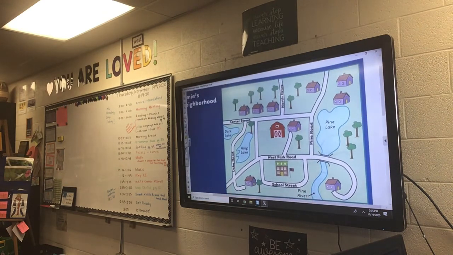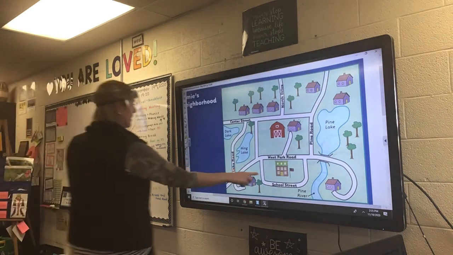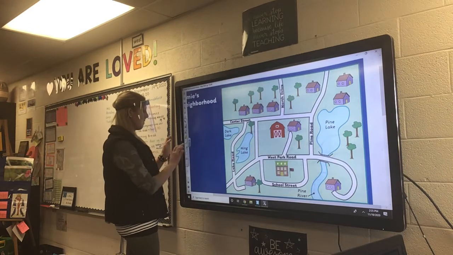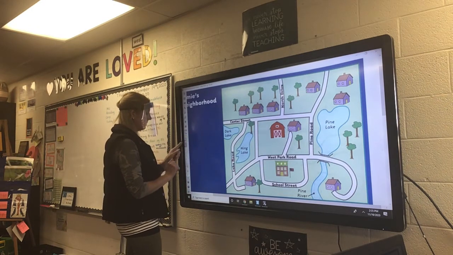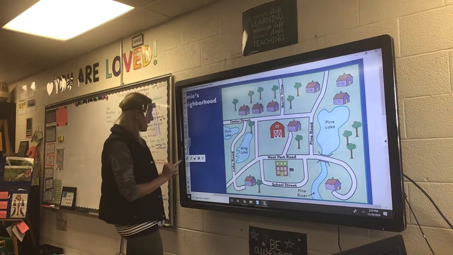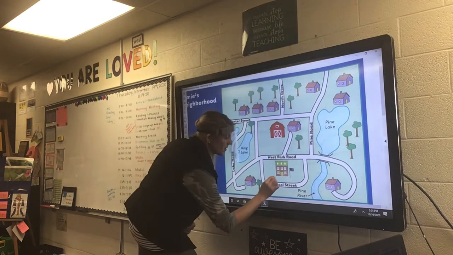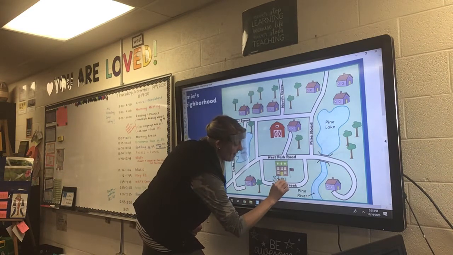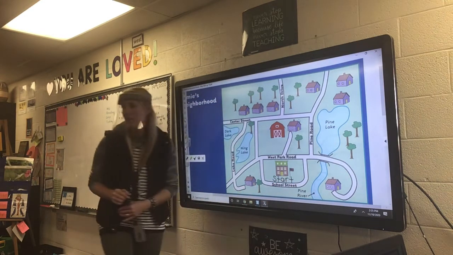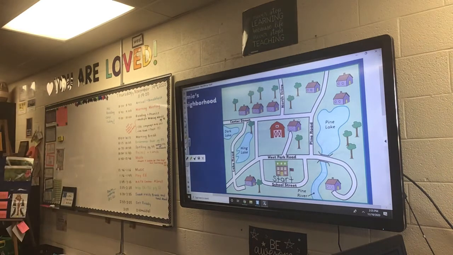Oh, that works perfect. Okay, Mrs. Murphy's going to write it with black right here. S-T-A-R-T. You should write it on the grass. Yep, you can write it on the grass. That's fine. S-T-A-R-T. Okay, so that's where Jamie's going to start.